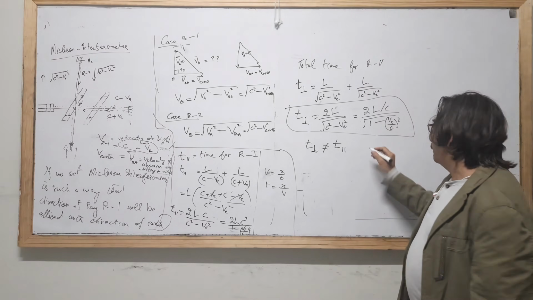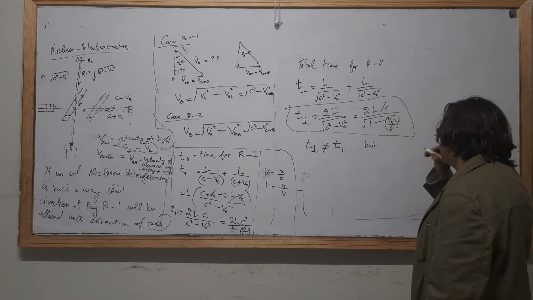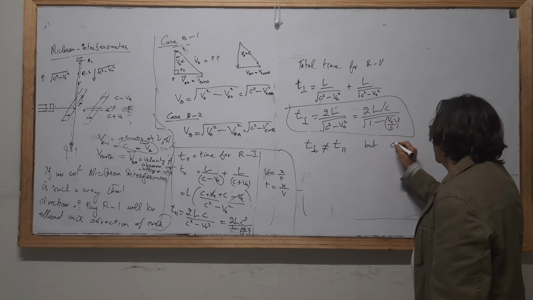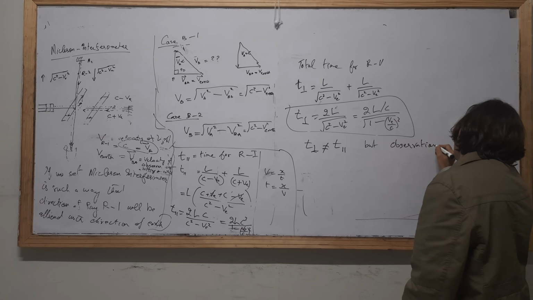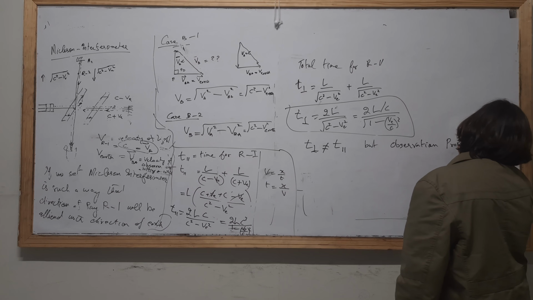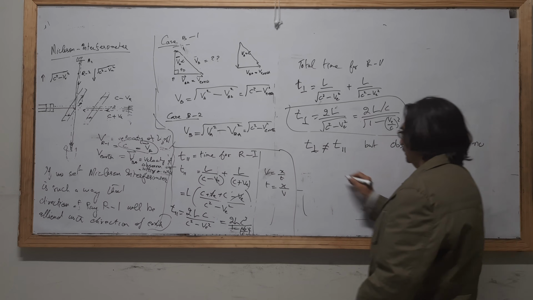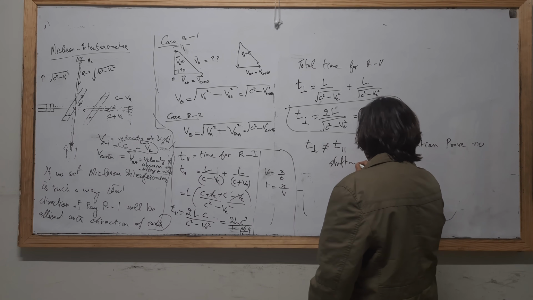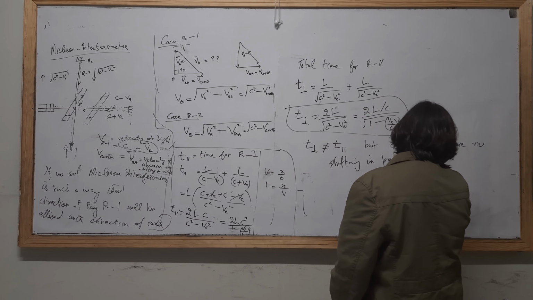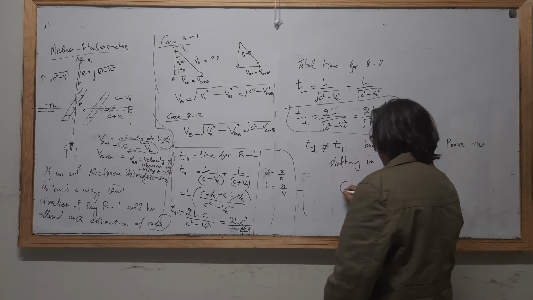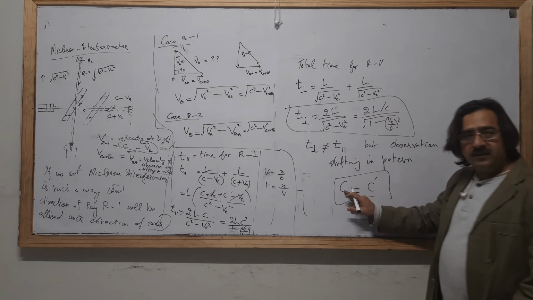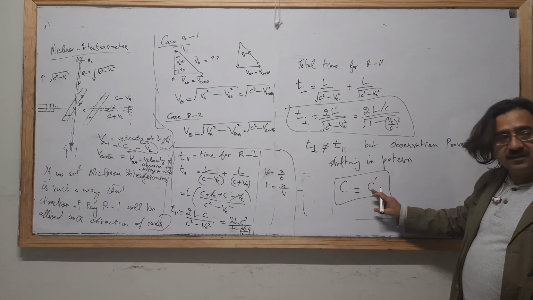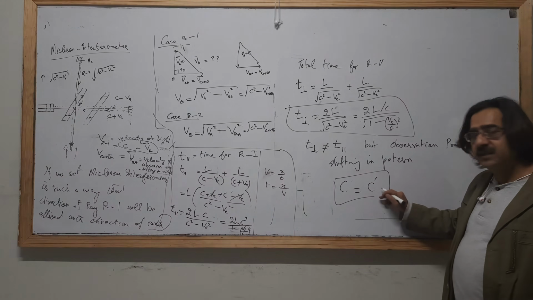The observation proves no shifting in pattern, and C dash, the velocity for the moving observer, and C, the velocity at rest, will be the same.